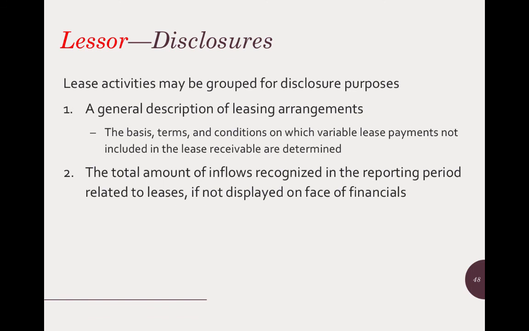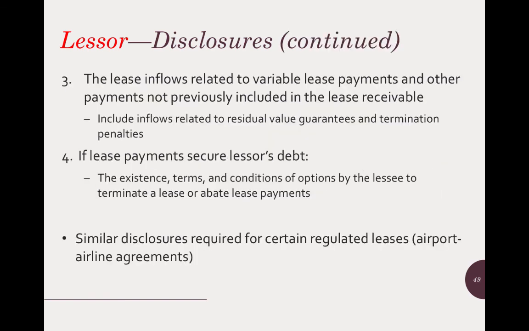Lessors are required, like lessees, to provide a general description of their leasing arrangements. They also should disclose the total amount of inflows that they recognized in the reporting period related to their leases if they're not separately shown on the face of the financial statements. If they are, an additional disclosure is not necessary. Like the lessee, this is sort of the flip side of the lessee disclosure.